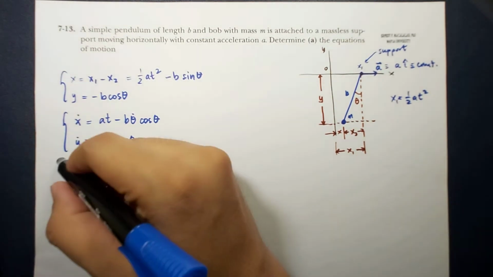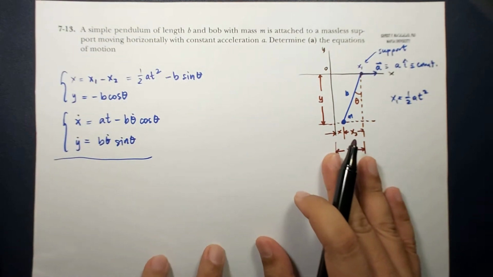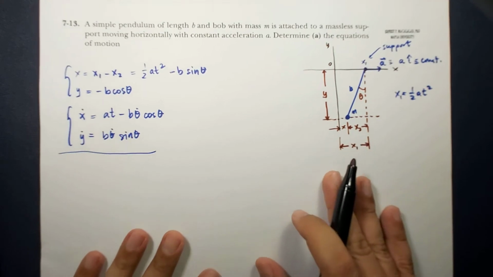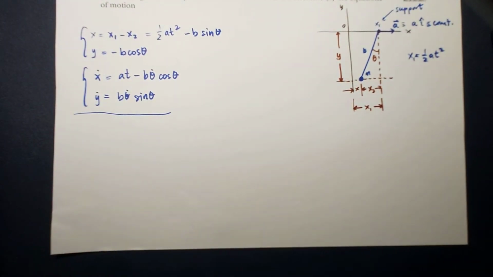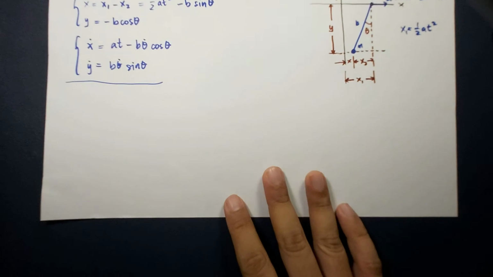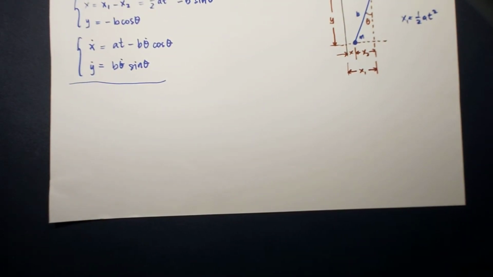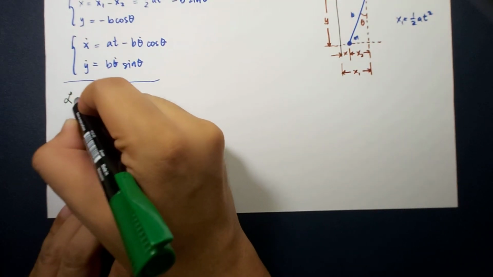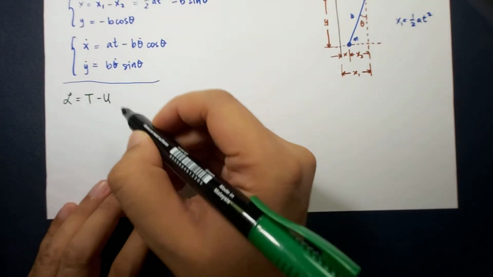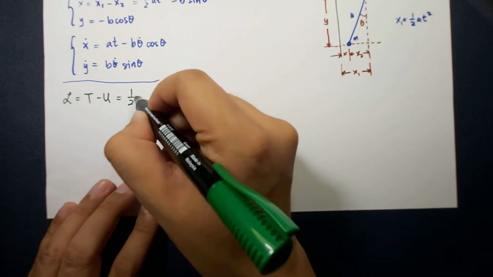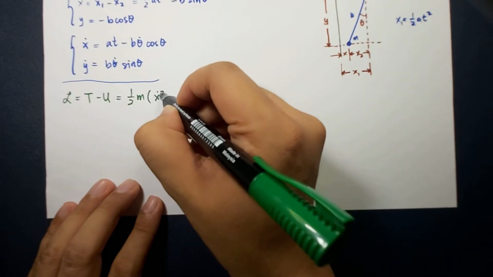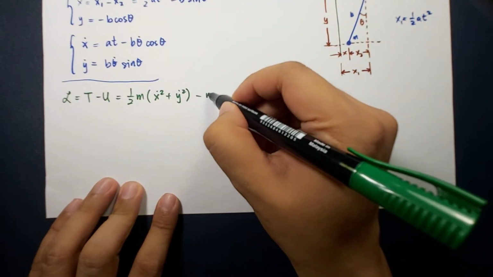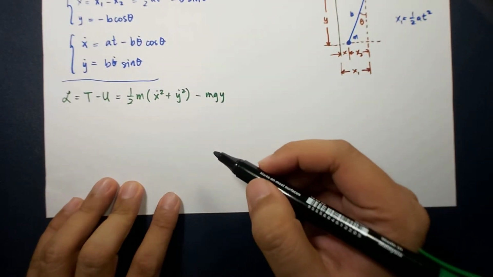From here we can assemble the Lagrangian of the bob. The Lagrangian is T minus U, where T is 1/2 m times x dot squared plus y dot squared, and U is mgy.